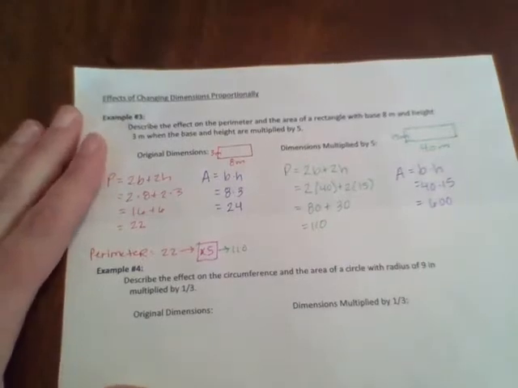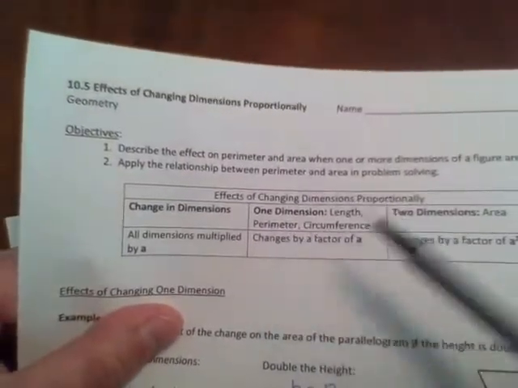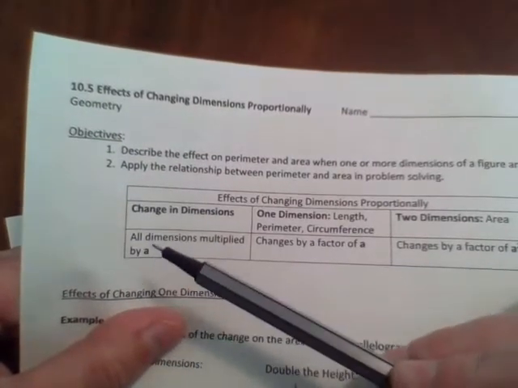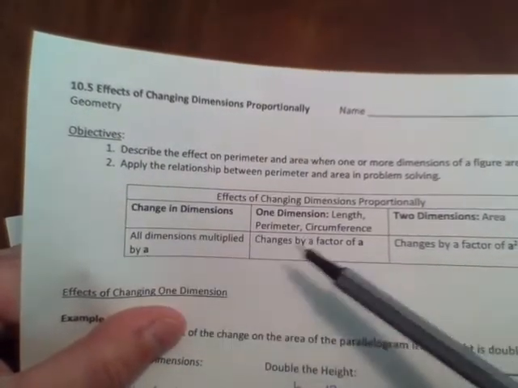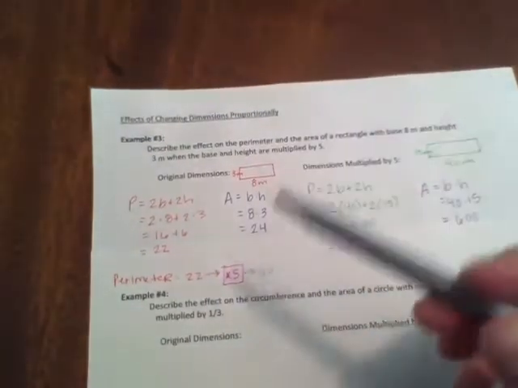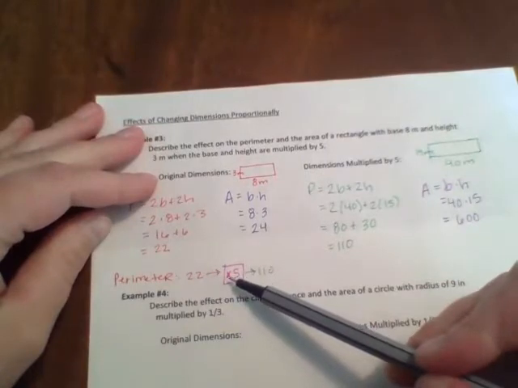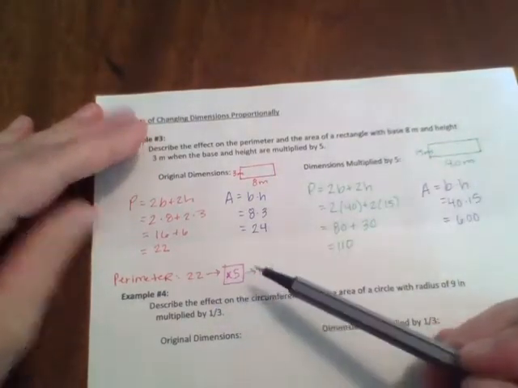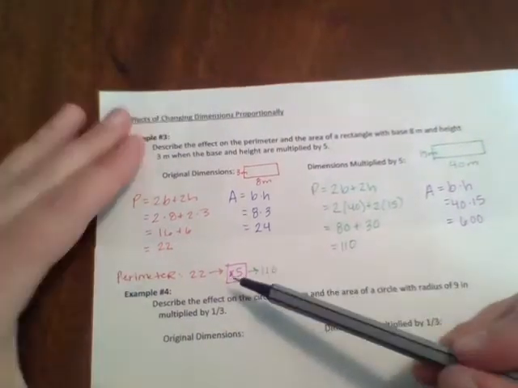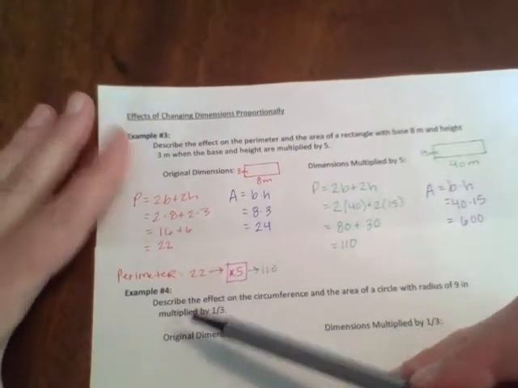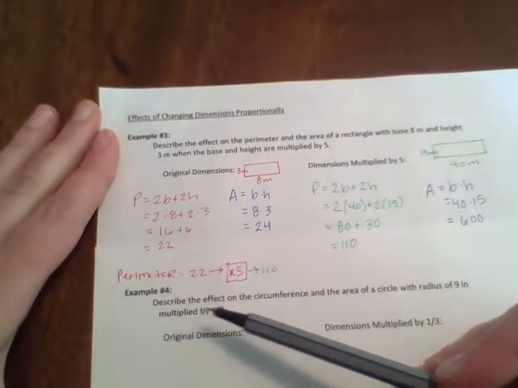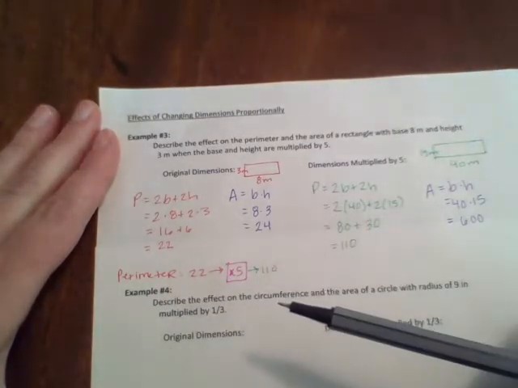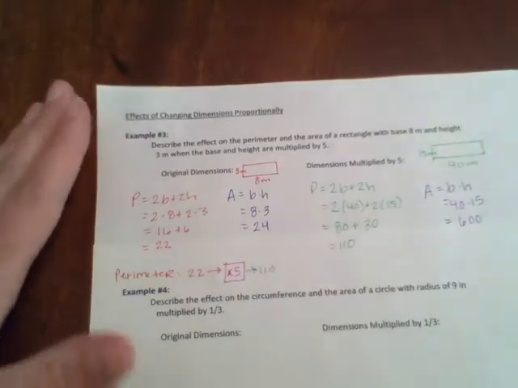And that kind of goes with what we were talking about here. We said if we multiplied a dimension or all dimensions by a, it changes by a factor of a. So we took our perimeter and multiplied by 5 from the original perimeter because we made all of the side lengths 5 times bigger. That meant that anytime you want to take the perimeter and get it from the previous one, you just multiply by 5. So perimeter was times 5.